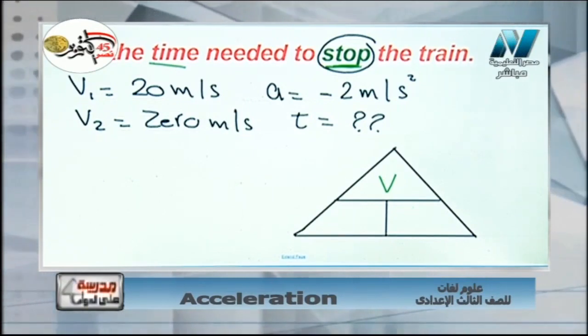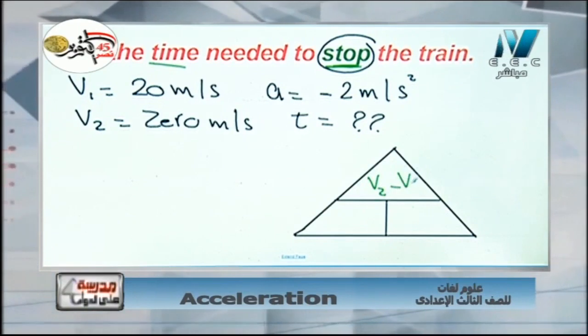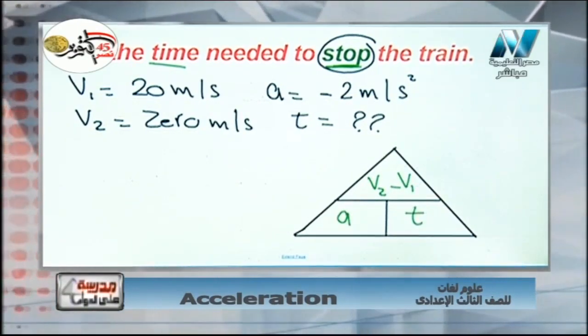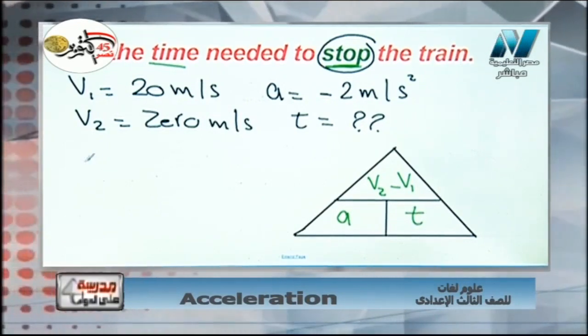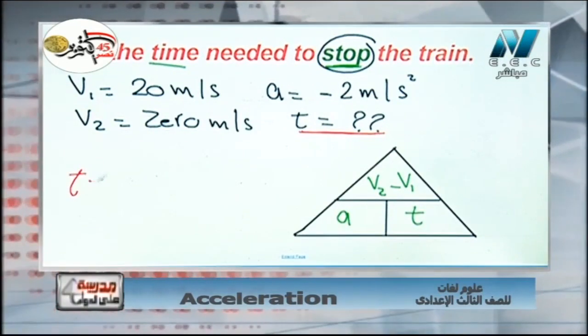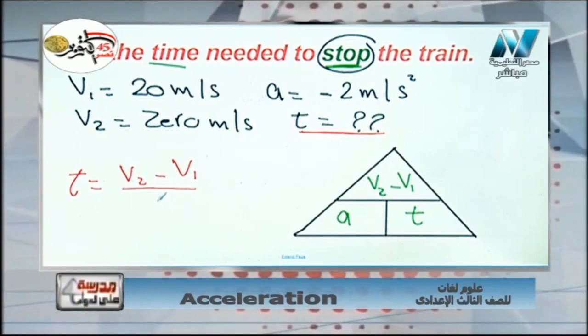We have V2 minus V1 over A times T. So we have to calculate time. Time equals V2 minus V1 over A.